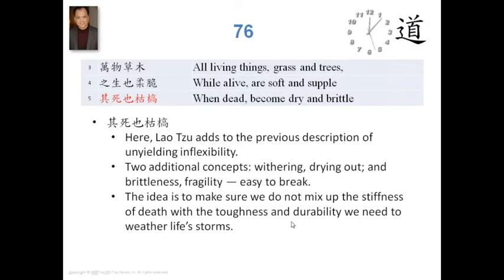You don't want to mix it up with toughness and durability. So the stiffness of death is also accompanied by the fragile brittleness of death. Whereas if you are tough and durable, you're still living and you are not easy to break. It's the very opposite of what we're talking about here. So let's not mix them up.